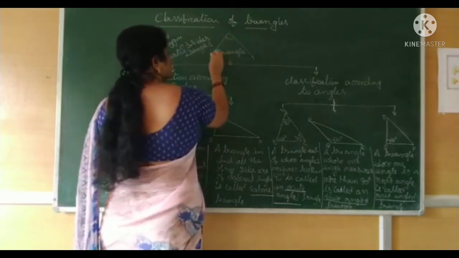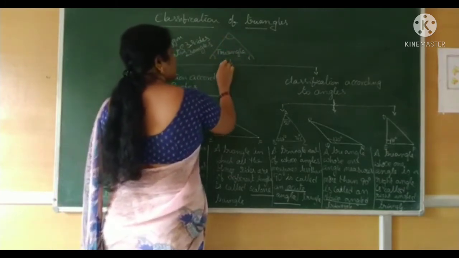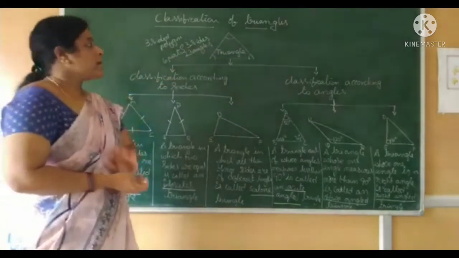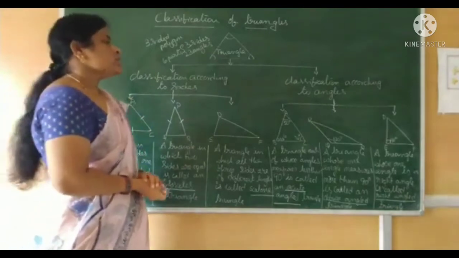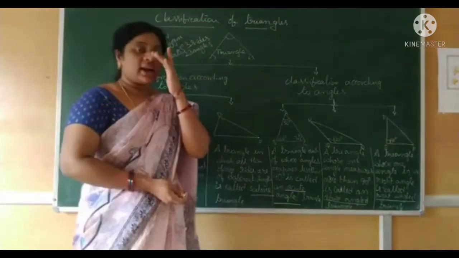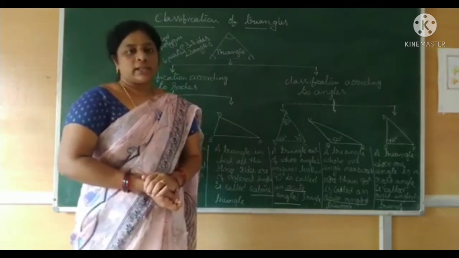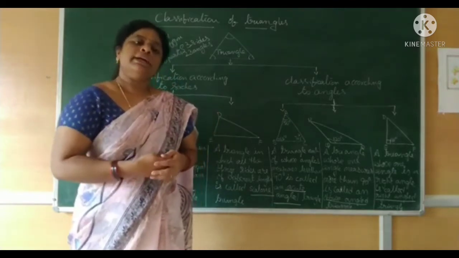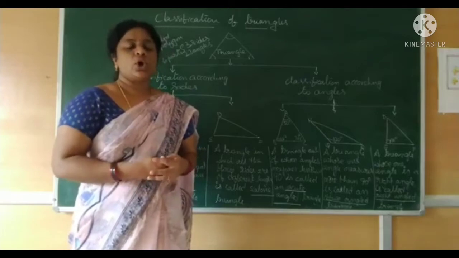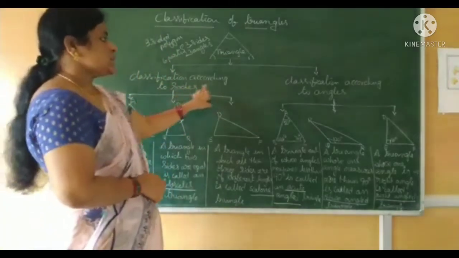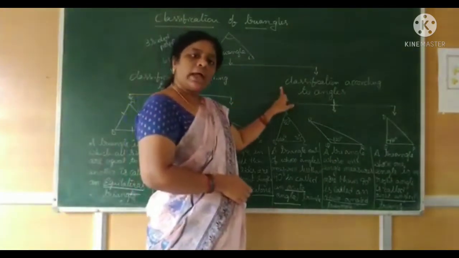Here 1, 2, 3 angles, and 1, 2, 3 sides. The 3 sides and 3 angles are the parts of the triangle. So now coming to classification of triangles. Classification of triangles is based on sides and based on angles. Here, classification according to sides, and classification according to angles.